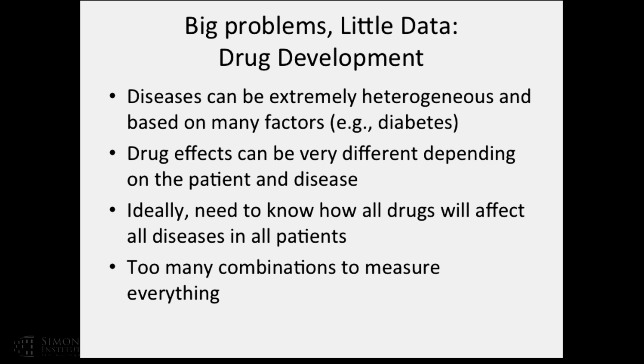The effects of drugs can be different depending on what your genome is, depending on the patient, depending on the history of the patient, and so on. So if you try to imagine a model that would say what dose, even, let alone what drug, should I give to this patient based on all of these other variables, I would have to measure a huge matrix of all of those variables in order to build a model to tell me what to do for that.